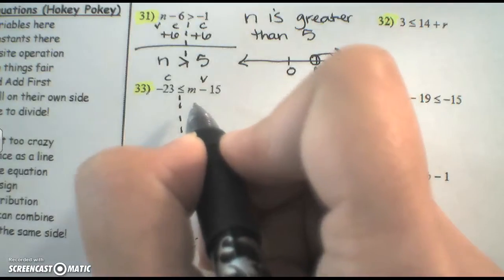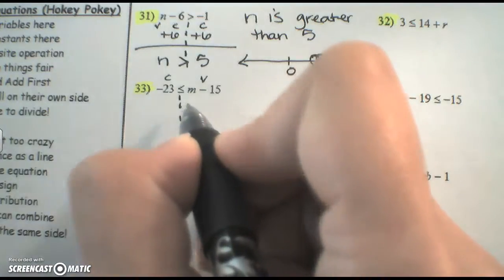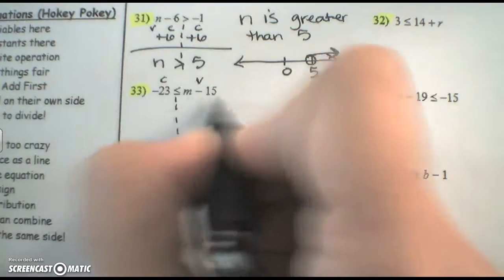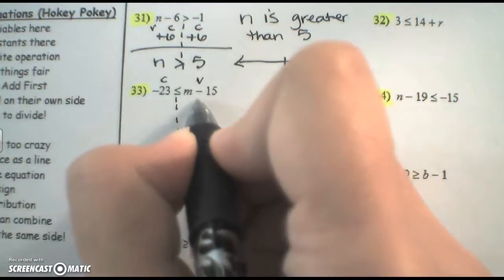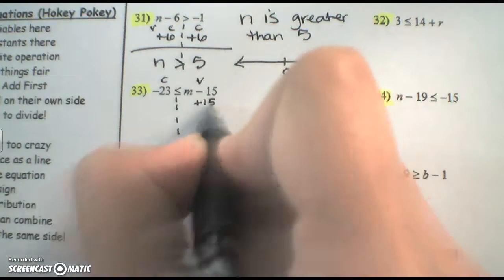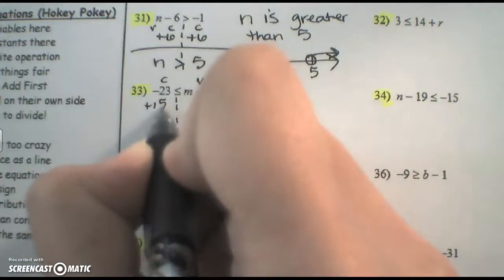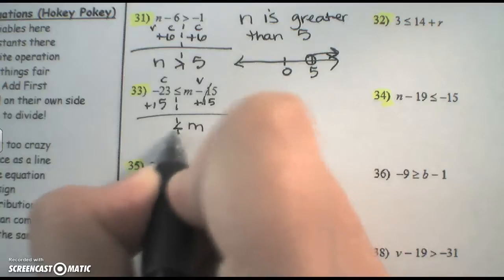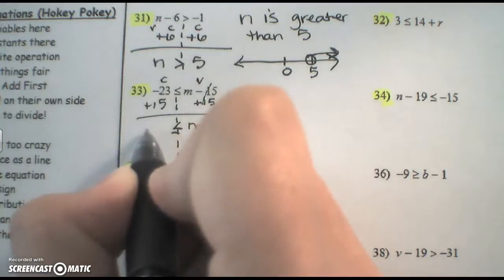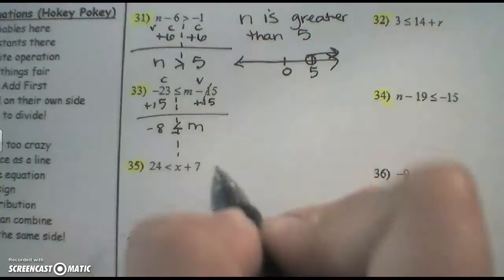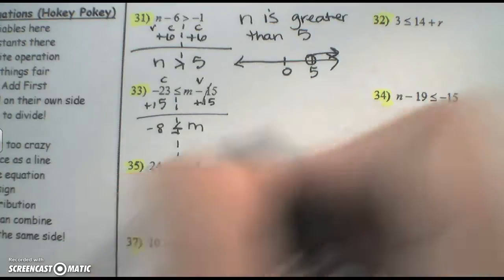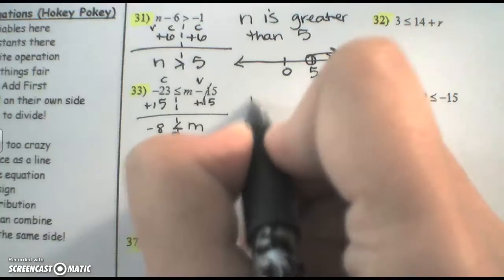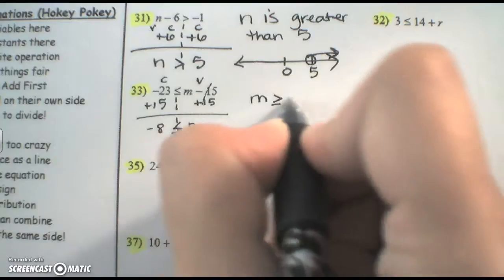And how do we know if we're going to distribute again? Oh yeah, that's right. There's parentheses, but no parentheses here. And then opposite operation just to keep things fair. And we have m greater than or equal to, and we have -8. Now we don't want to write it that way, do we? So gotta switch everything. M greater than or equal to -8.